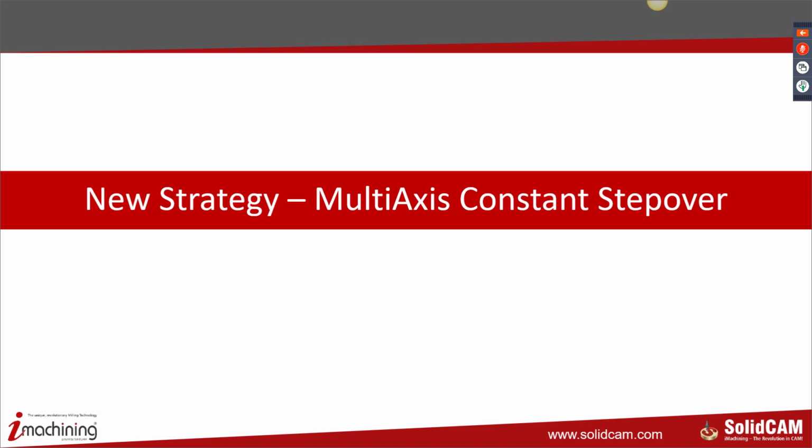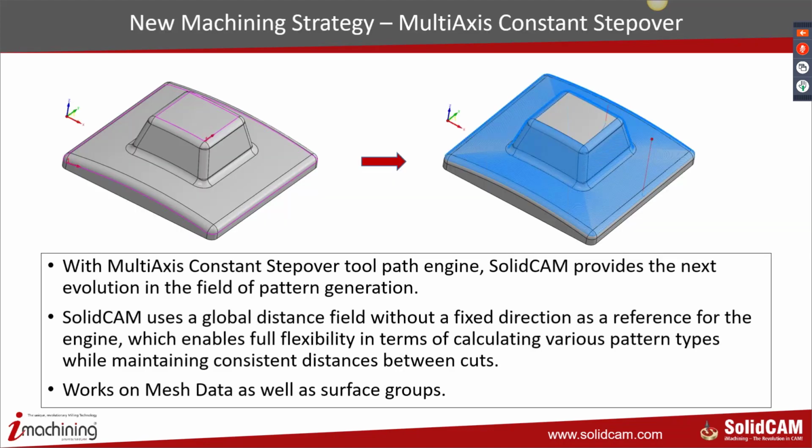It defines a unique pattern on the mesh and also on the surface, and generates these patterns in such a way that it provides a constant step over even on really complex areas of the part. So with the multi-axis constant step over toolpath engine, SolidCAM now provides the next evolution in the field of pattern generation. It's basically a pattern generator.